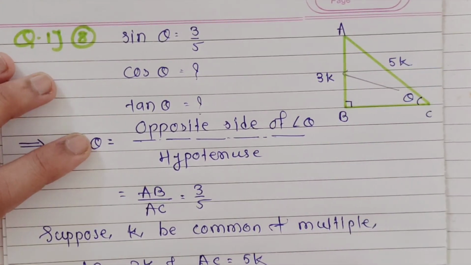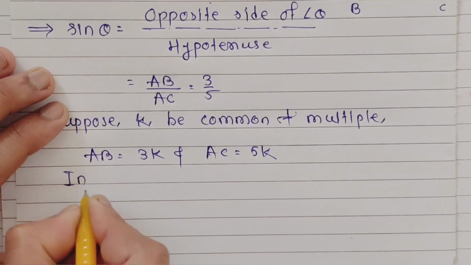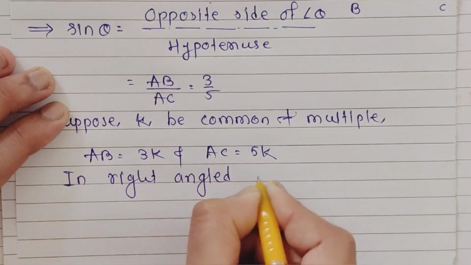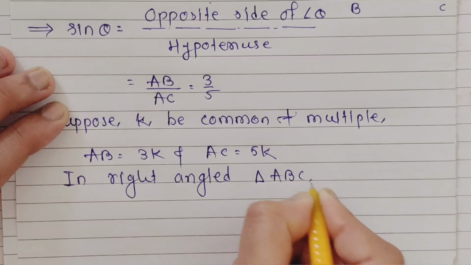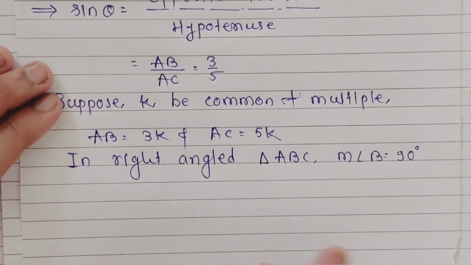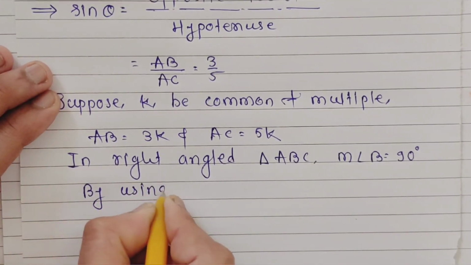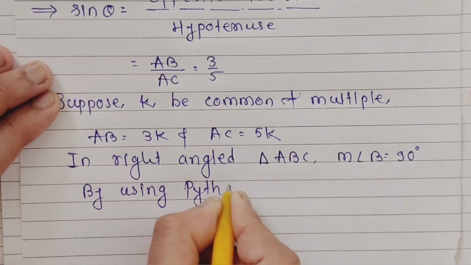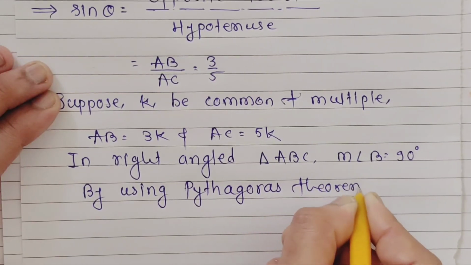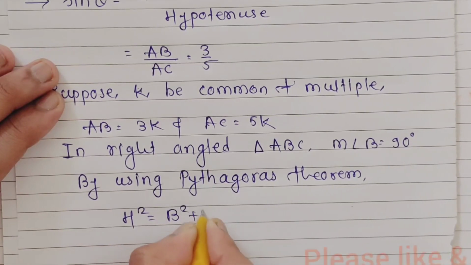So first we have to find out the length of BC. So we can write in right angle triangle ABC, measure of angle B is equal to 90 degrees. So we can apply the Pythagoras theorem. By using Pythagoras theorem, hypotenuse square is equal to base square plus perpendicular square.